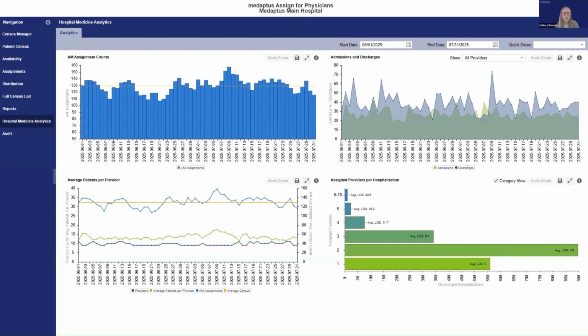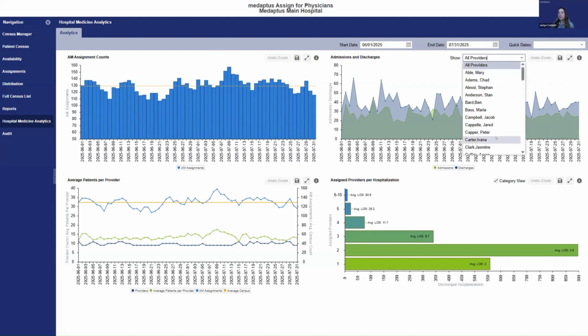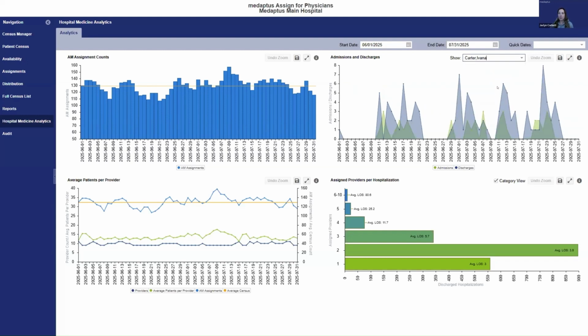And Jacqueline, can you explain what the provider filter adds to this view and how customers might use it? Yeah. So it's going to default to all providers again. So this is showing you your entire hospital medicine program, your whole group's admissions and discharges. But we have also added the individual provider filter, and that lets you break the same admissions and discharges trends down by the provider you have selected.